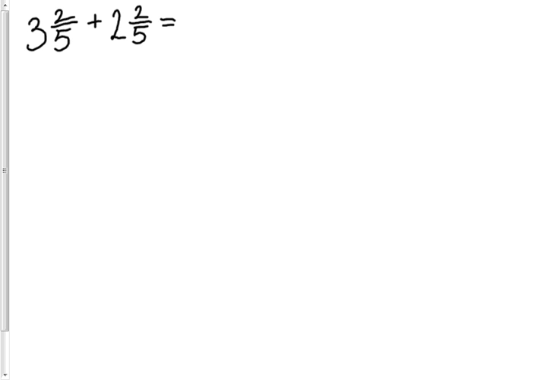So our first strategy is to color code our mixed numbers. Separate our mixed numbers. 3 plus 2 equals 5. And then do the same with our fractions. 2/5 plus 2/5 is 4/5. So very simple. Our answer is 5 4/5.